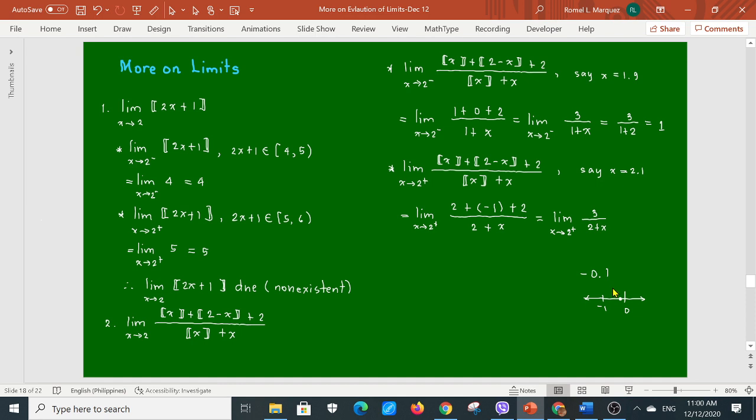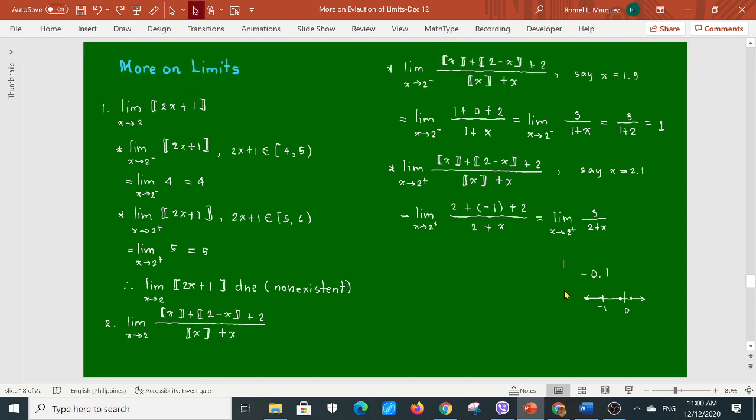If you have 0.1, it is 0, because 0.1 is somewhere here. You pull it down, or to the left, so it is 0. Remember, greatest integer is pulling down to the closest integer that is less than or equal to the given number. Let's say 2.1, you pull it down, it is 2, because the greatest integer that is less than or equal to 2.1 is 2. If it is the ceiling function, you pull it up, or push it to the right. Is that clear, guys?